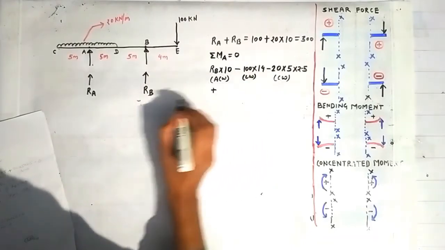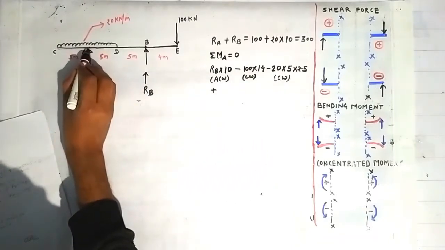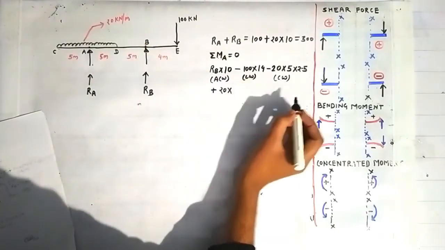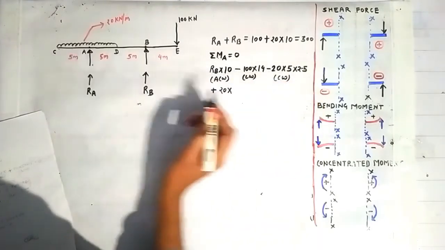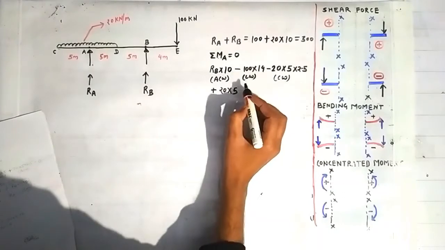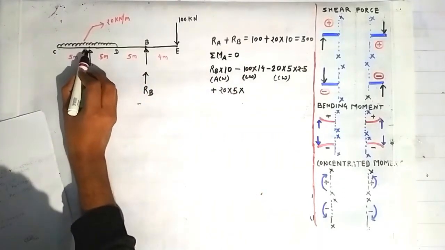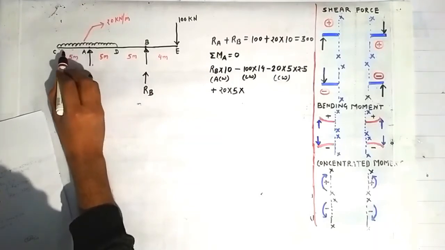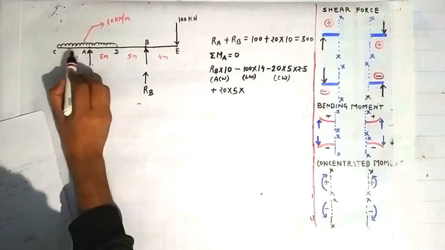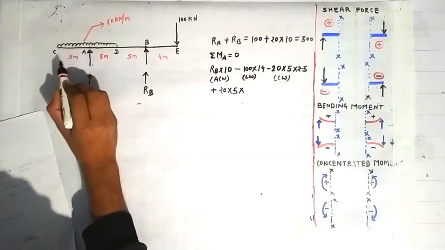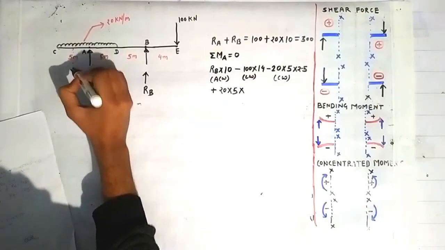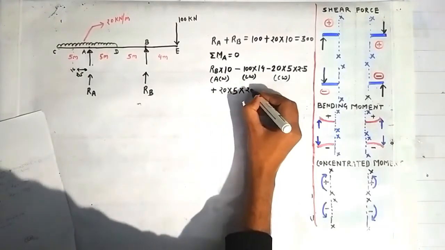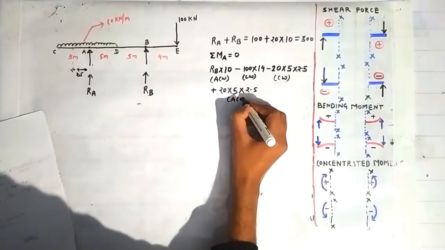So anti-clockwise is taken as positive, and because of this loading between point C and A, there will be a moment of magnitude 20, that is the intensity of this load, into this span of 5 meter between the points C and A, and it will act at a distance of 2.5 meter from the point A, because it will act at a distance equal to half of the length of CA, that is half of 5, which is equal to 2.5. So we will multiply it with 2.5 and it will act in the anti-clockwise direction.